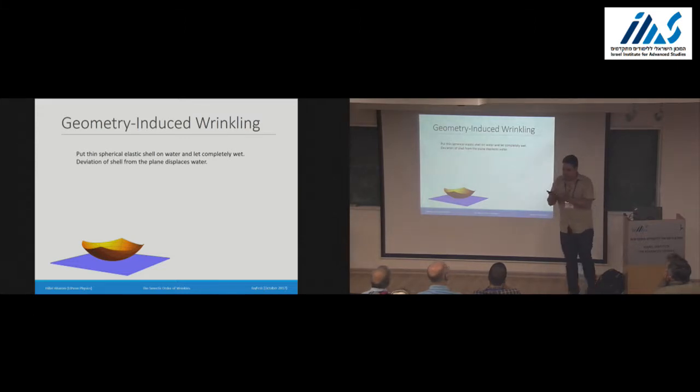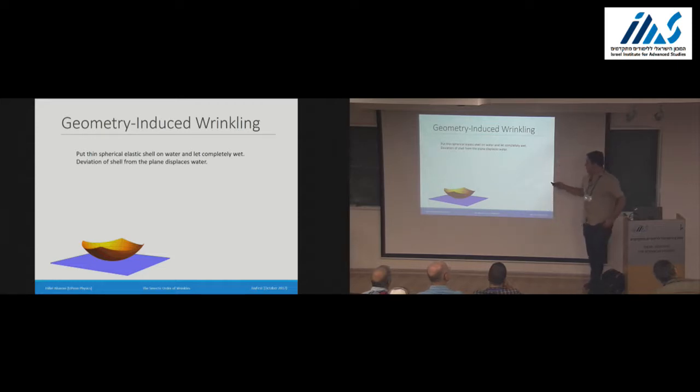Because the liquid-air surface tension is big enough for the entire bottom surface of the sheet to wet, it has two options. Either it can remain spherical, in which case it displaces a lot of water, or it has to flatten somehow and get closer to the plane.